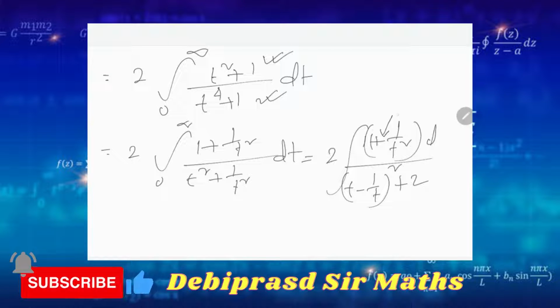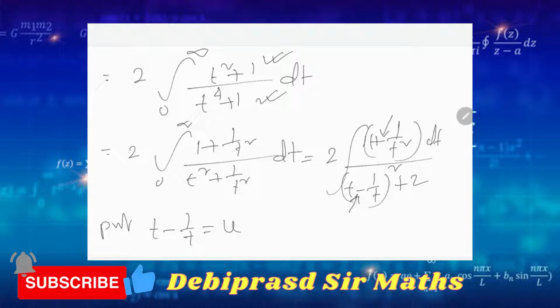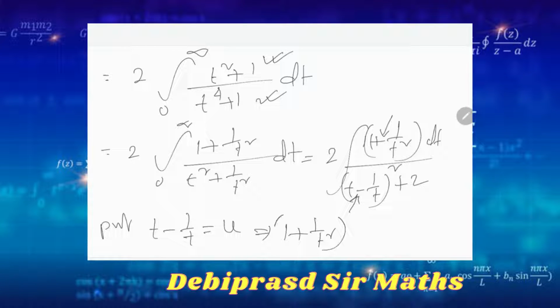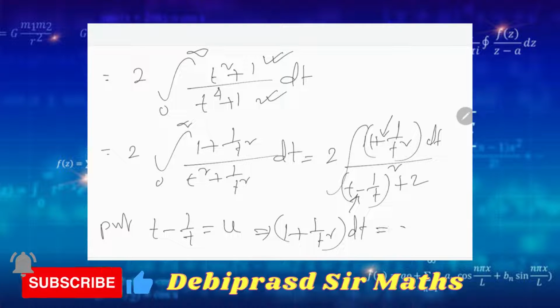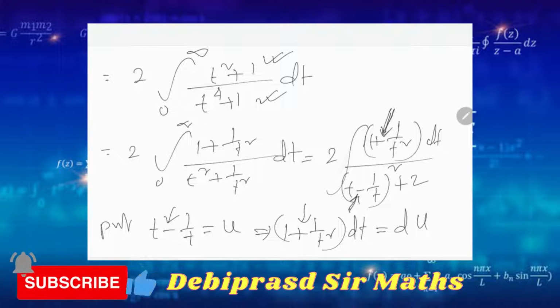As in the numerator it is plus, we take the denominator as minus. So again put t minus 1 by t is equal to u. If I differentiate, (1 plus 1 by t square) dt is equal to du. Look at this: the term is minus, and when I differentiate, it becomes plus.